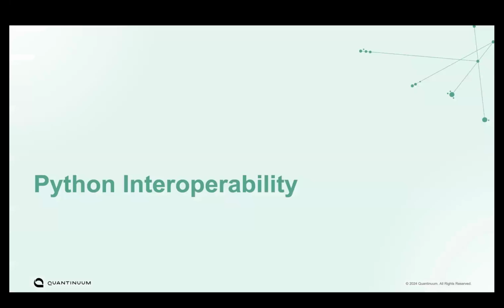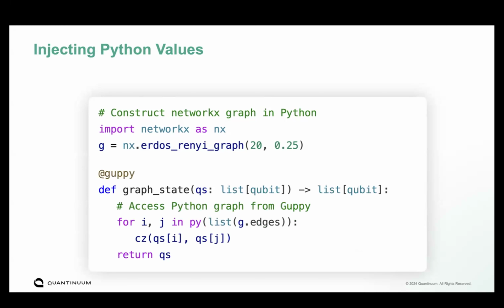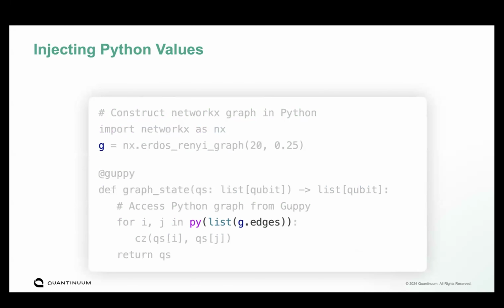Now, coming back to Python, another interesting feature is that you can continue using your Python libraries as usual. So let's say you want to create a graph state and use the NetworkX library. So you import your libraries the way you like, and then in a Guppy function, you can use the py constructor to convert a value from Python into a Guppy value.